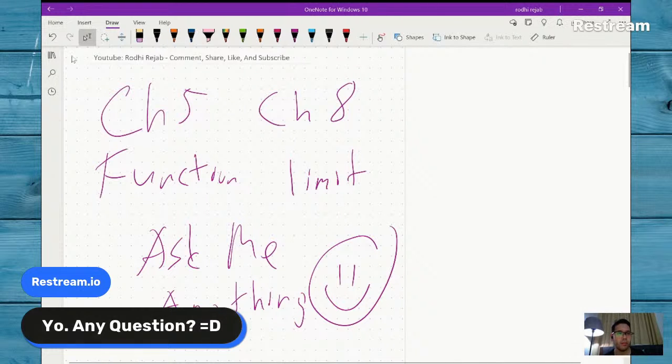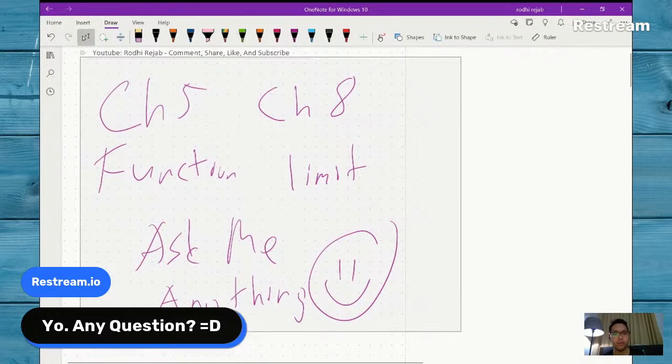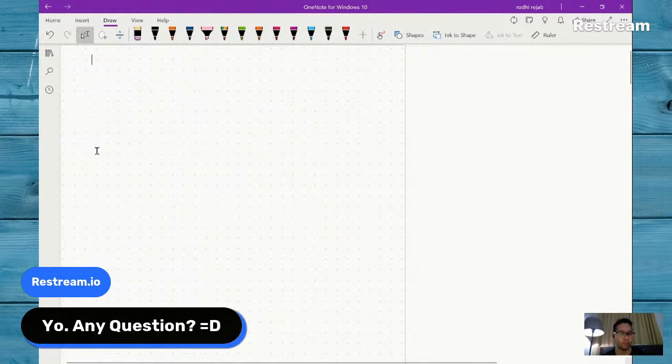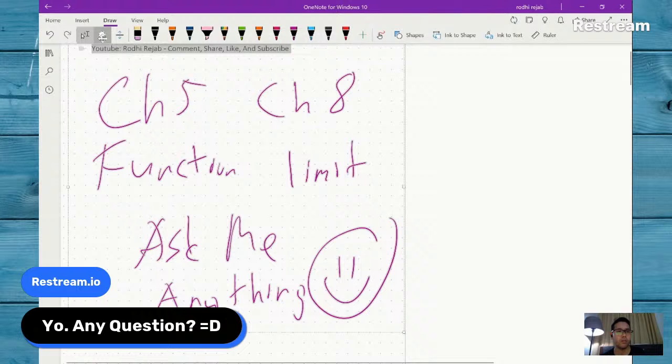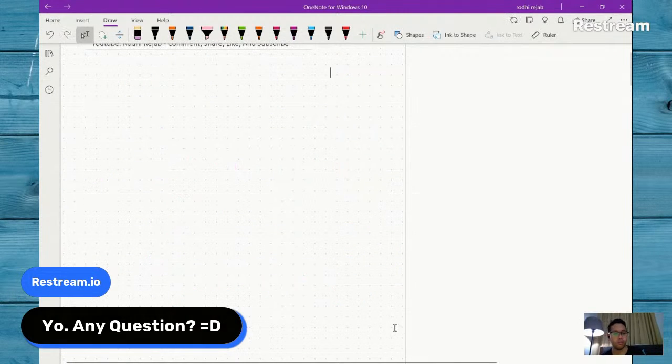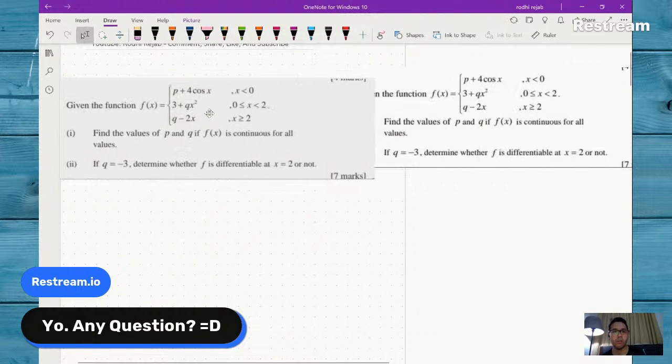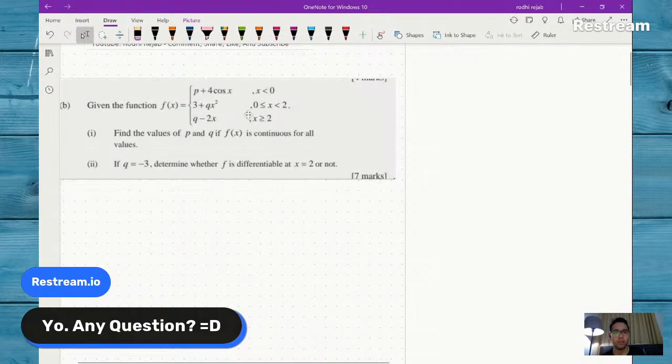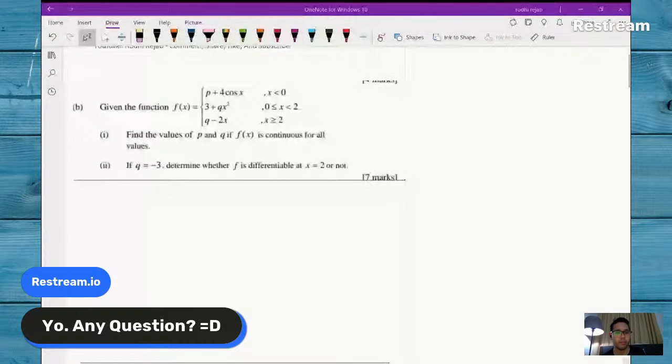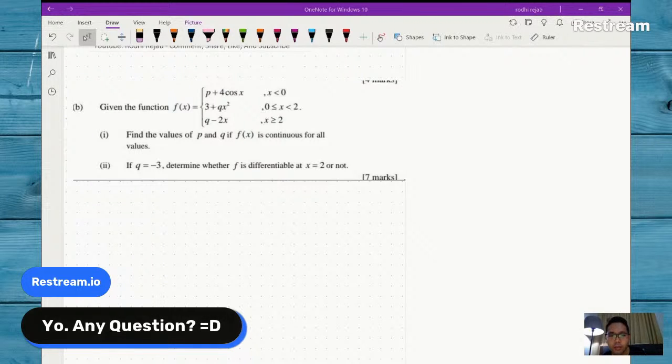Okay, right. So before we begin, this question from Zati. If I'm not mistaken, Zati, you are from Kelantan. Yes, she's from Kelantan.